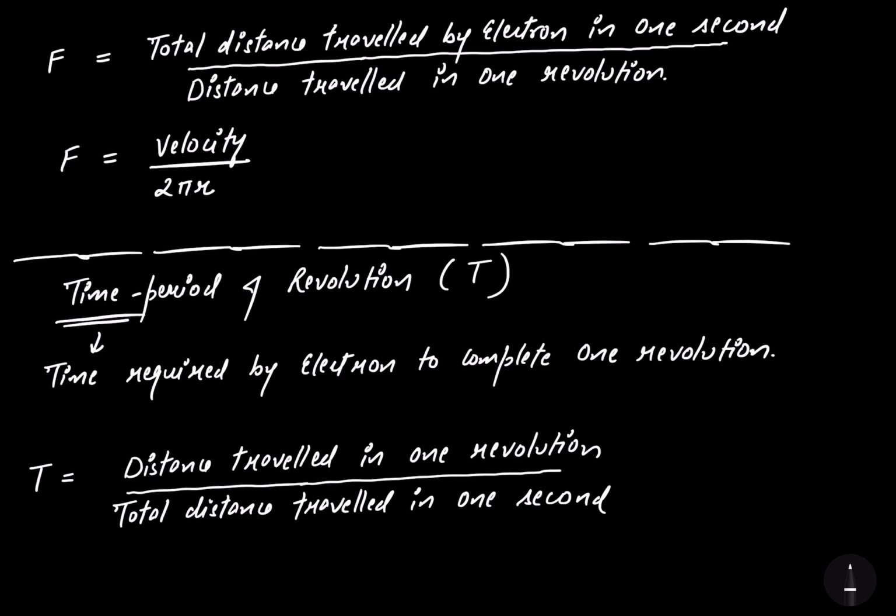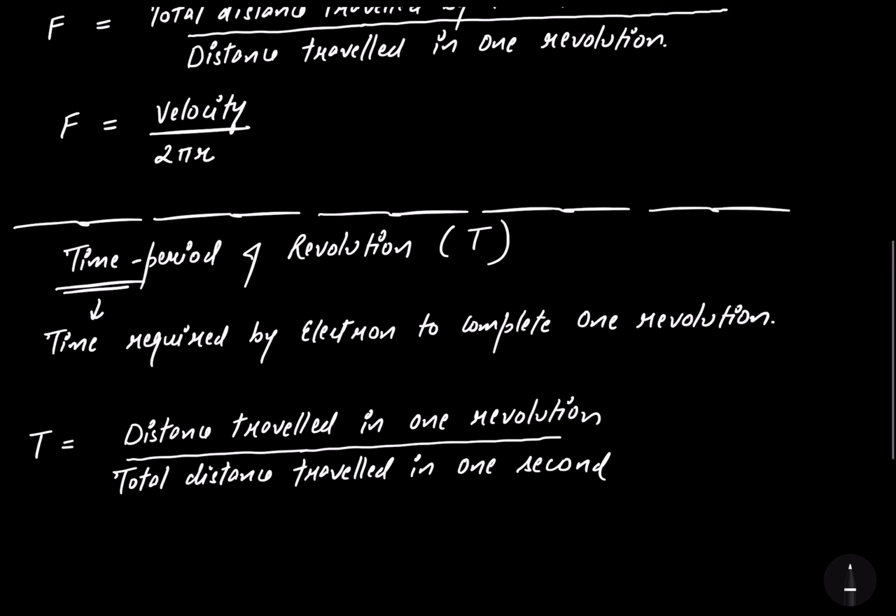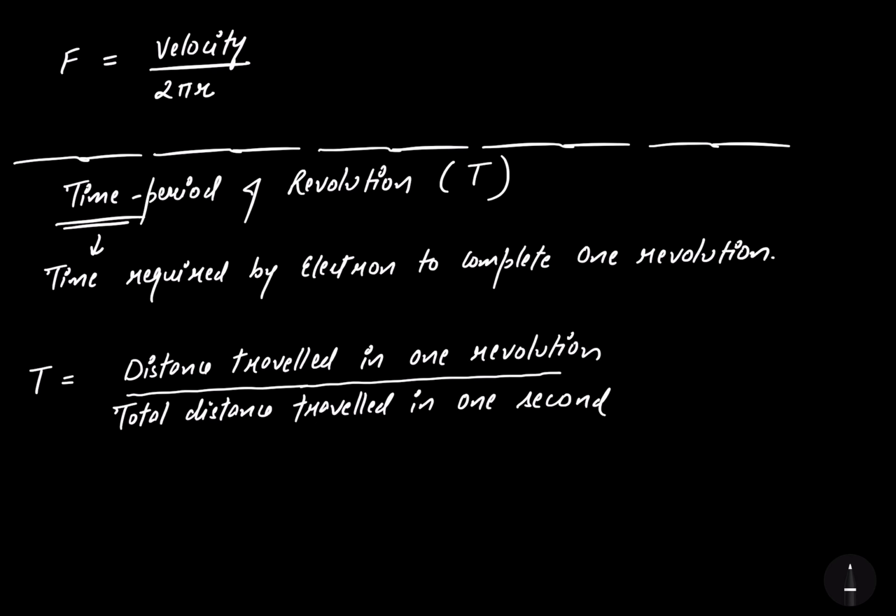So the time period is distance traveled by electron in one revolution divided by total distance traveled by electron in 1 second. This will give you the time for one revolution. So that comes out to be the time period of revolution by the electron.